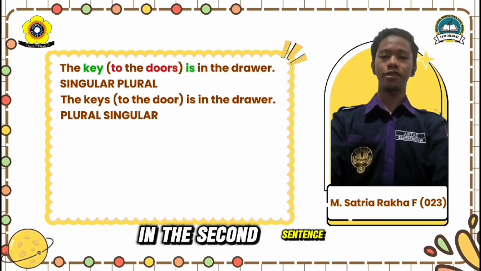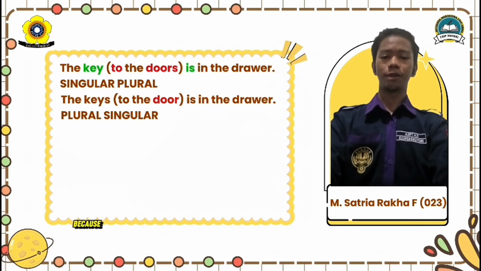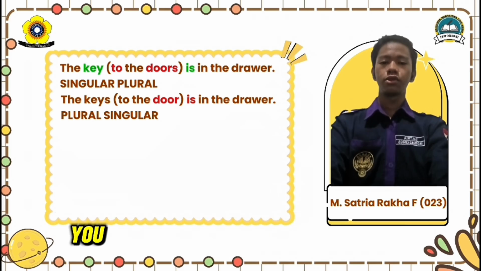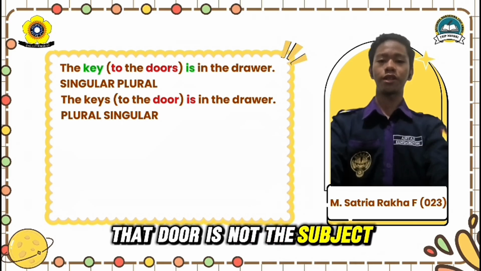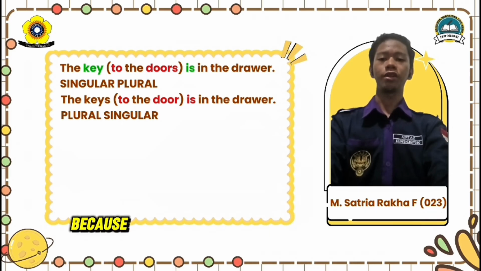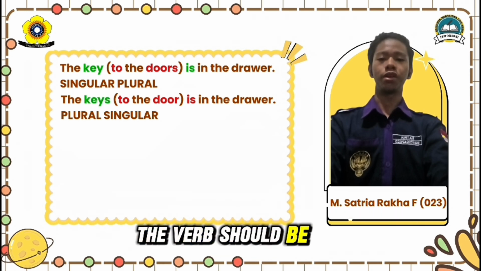In the second sentence, you might think that door is the subject because it comes directly in front of the verb is. You should recognize in this sentence that door is not the subject because it is the object of the preposition to. Because the subject of the sentence is keys, the verb should be are.